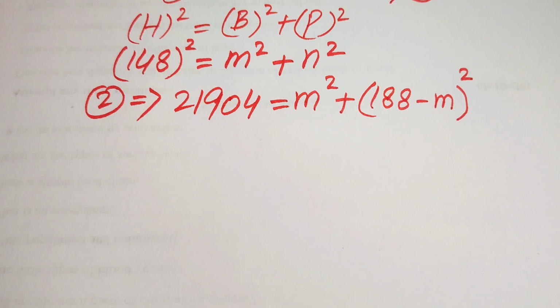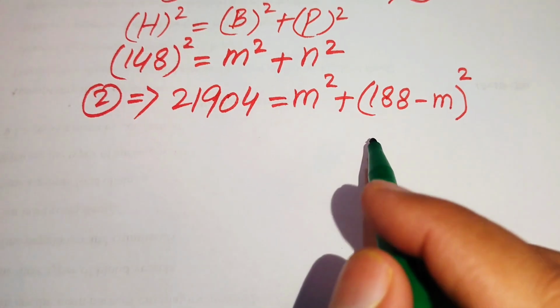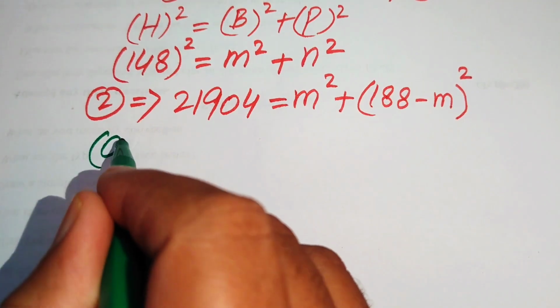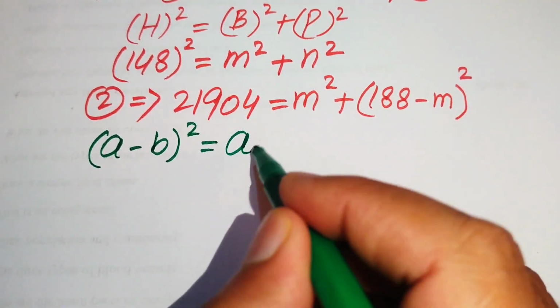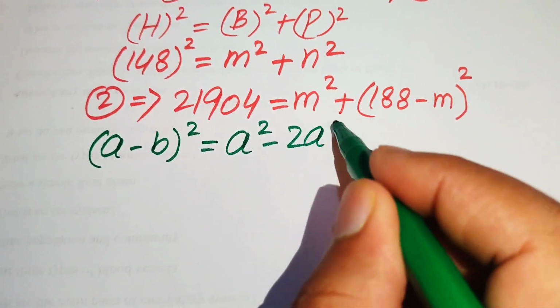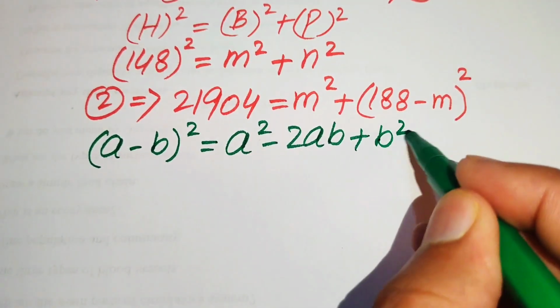Before moving to the next step, first we use the nice square identity. You know this identity: a minus b whole square is equal to a square minus 2ab plus b square.